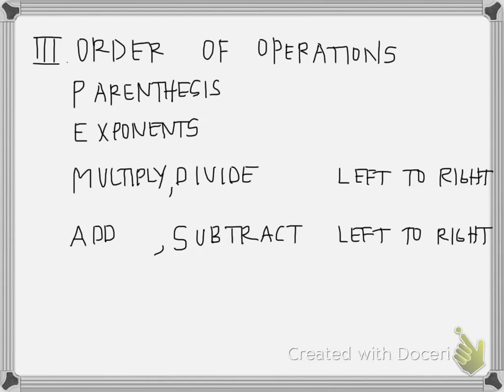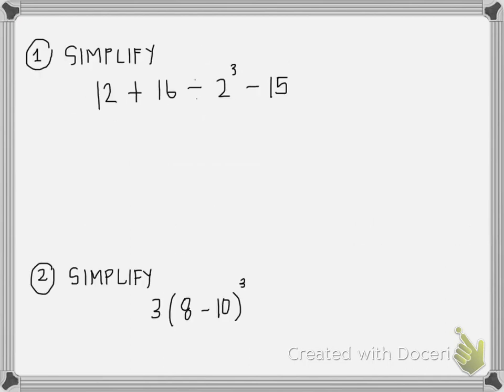Okay, let's do some examples here. So here we've got 12 plus 16 divided by 2 cubed minus a 15. So order of operations tell me that I'm going to work and simplify my exponent first. So a 2 cubed is going to give me an 8.